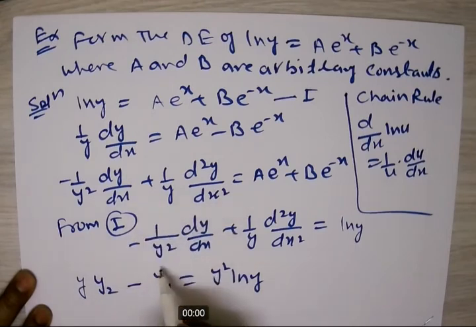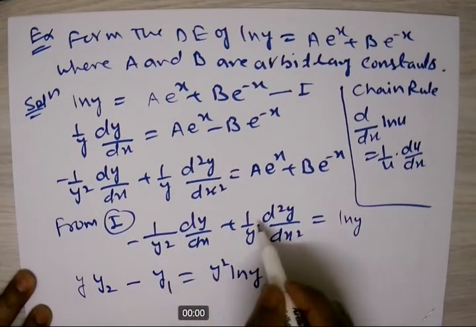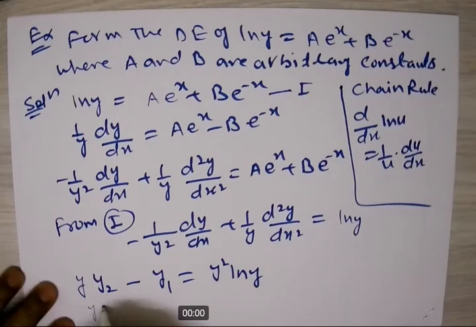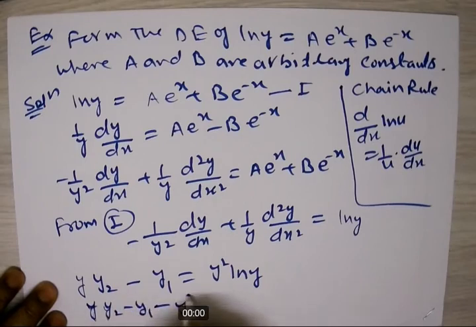So y² divided by y means y, y y₂ equal to y² ln y. So you can write it like that one, or y y₂ − y₁ − y² ln y equal to 0.